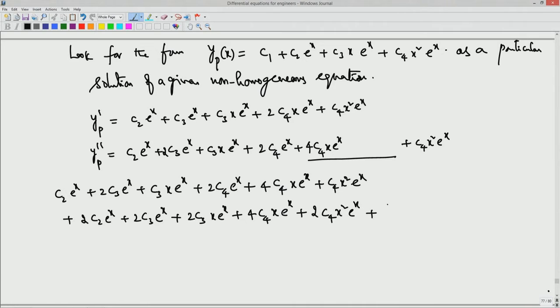So, y is C1 plus C2 e power x plus C3 x e power x plus C4 x square e power x, which is equal to 5 plus x square e power x. That is what is given.